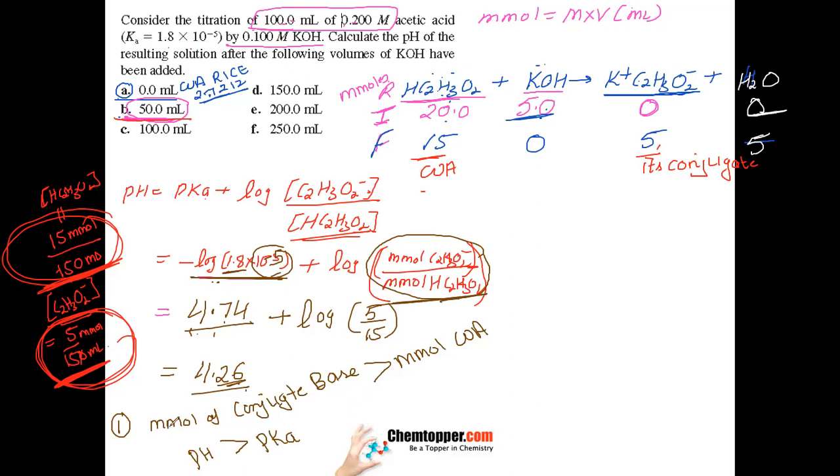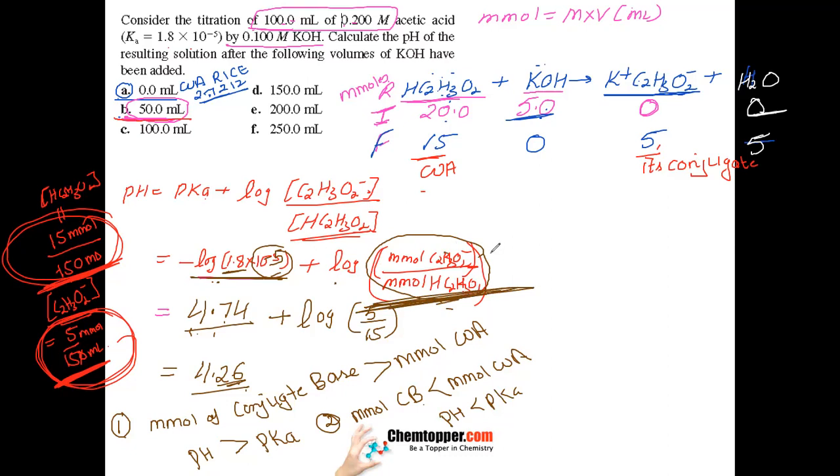And that is one situation. Second situation: if the millimoles of conjugate base are less than the millimoles of the weak acid, then pH is less than pKa, because this ratio is less than 1.